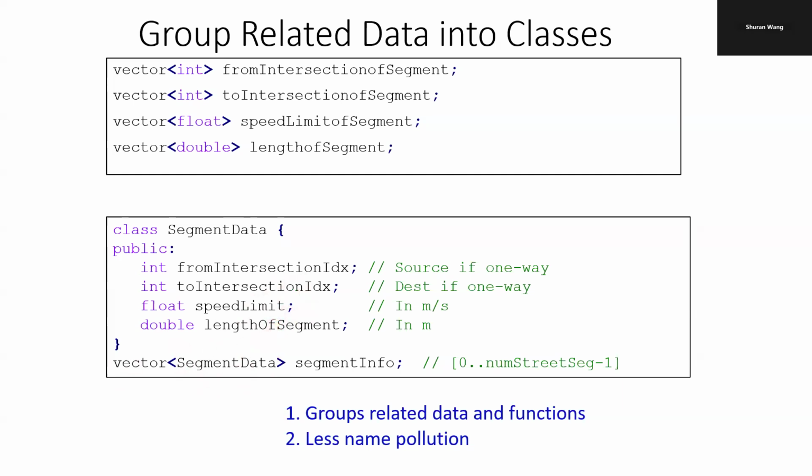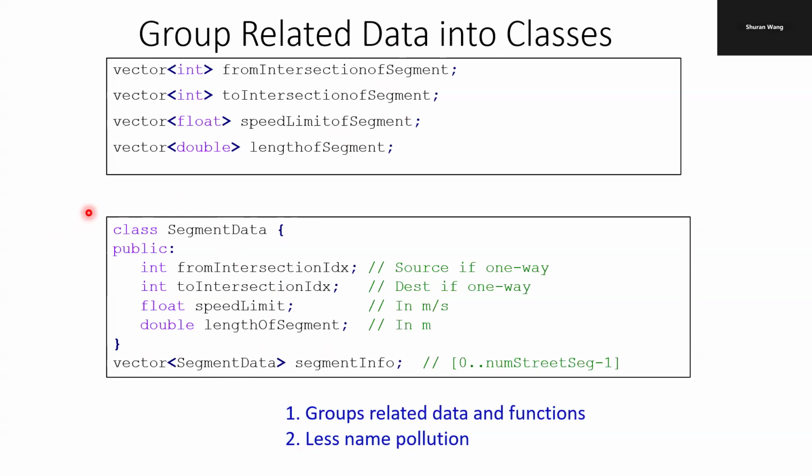This is a really good practice because it helps with readability and it reduces name pollution. Whenever you create a new global variable, you'll have to make sure that the name doesn't appear anywhere else, and that you're calling it the right name. But if you group it like this, it's adding one layer of hierarchy.